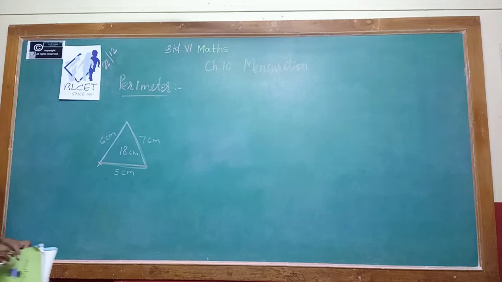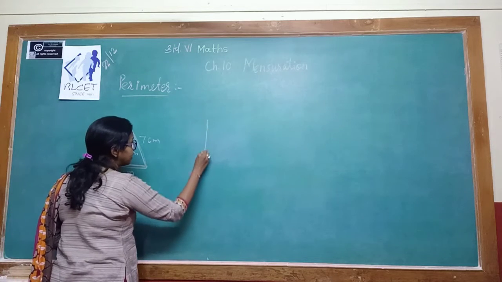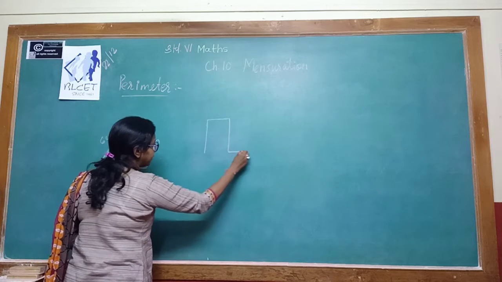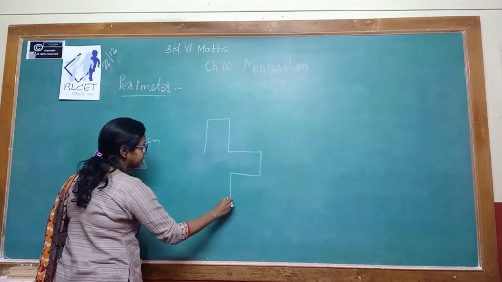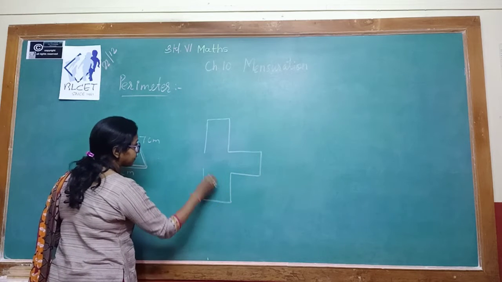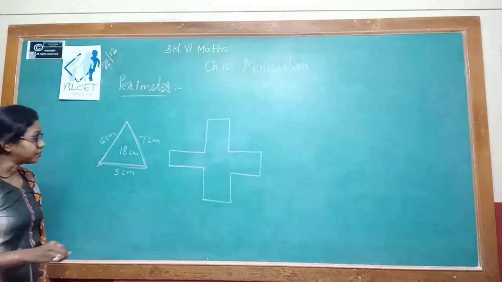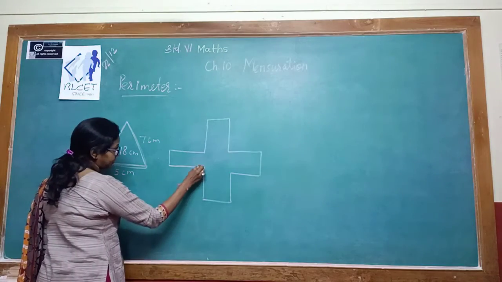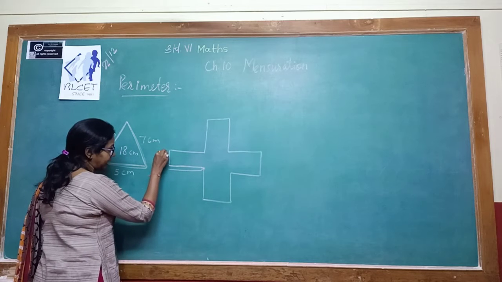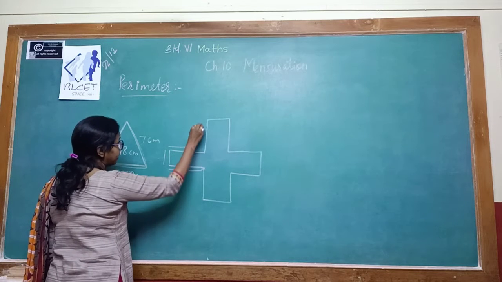Suppose you have a plus sign. How will you measure the perimeter of this plus sign? You have to start from here and measure the length of this side, this side, this side.